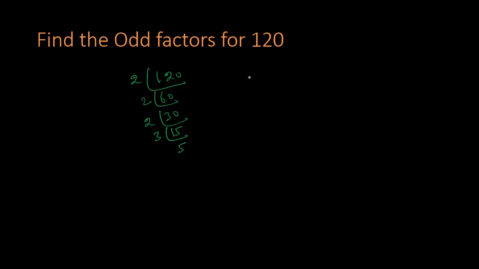So what are the factors here? 2 to the power of 3 is one factor, 3 to the power of 1 is another factor, and 5 to the power of 1 is another factor. Now the question has been asked, how many odd factors are here? I can say that 3 and 5 are the odd numbers. You take only the factors of the odd numbers here. What is the power of 3?